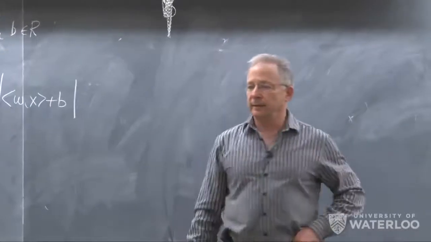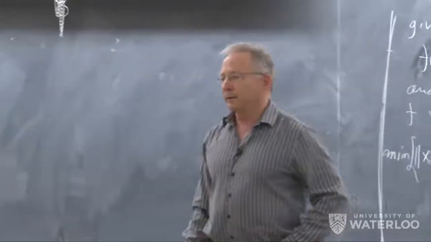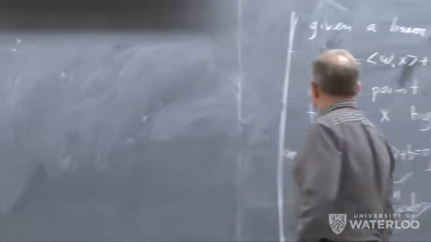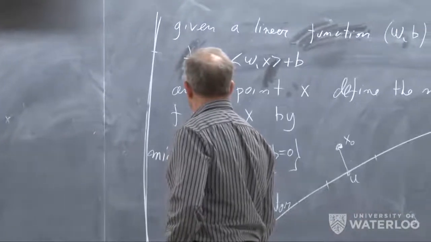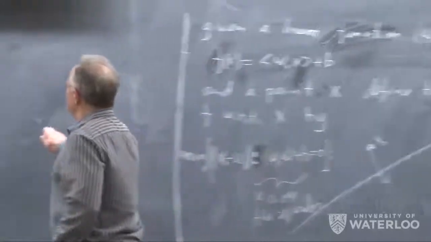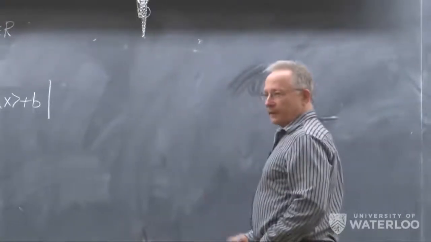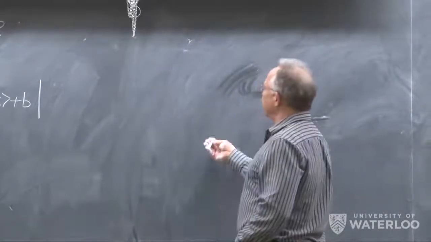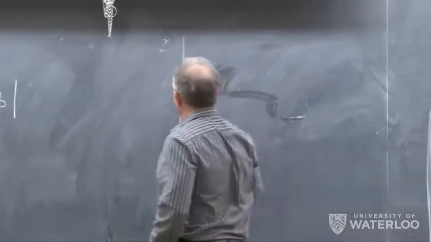Yes? I don't get why w dot product u plus b will equal 0. Okay, it's a good point that I want you to understand. Let's go into two coordinates.